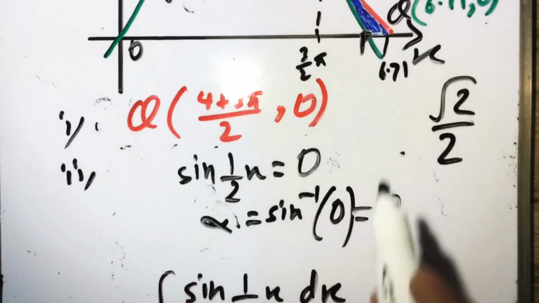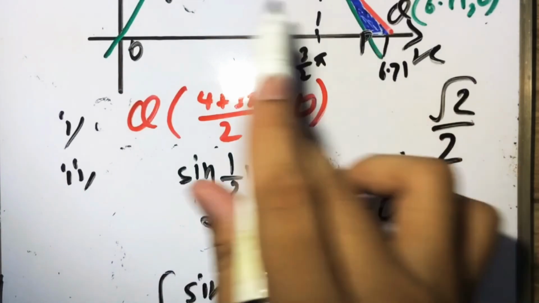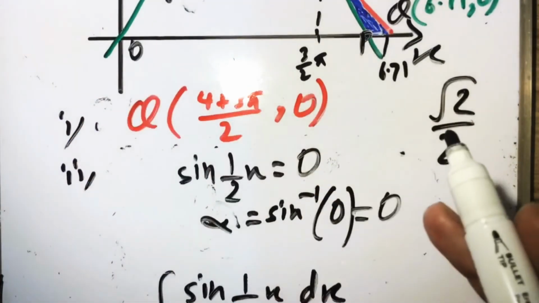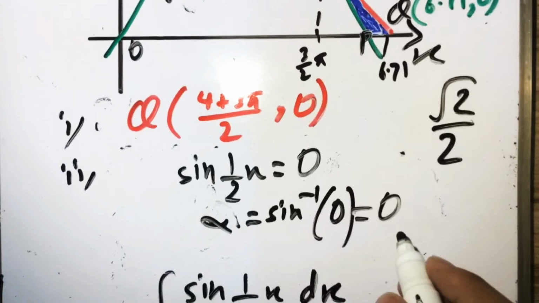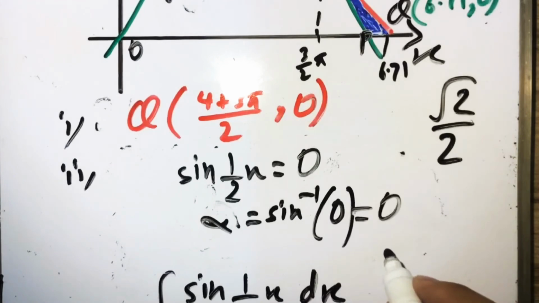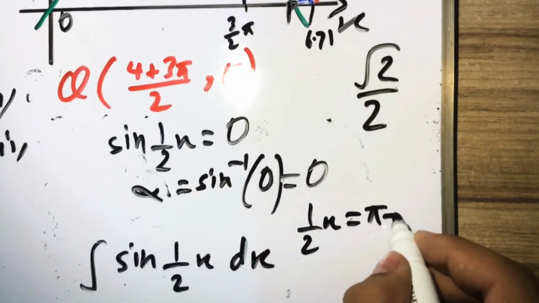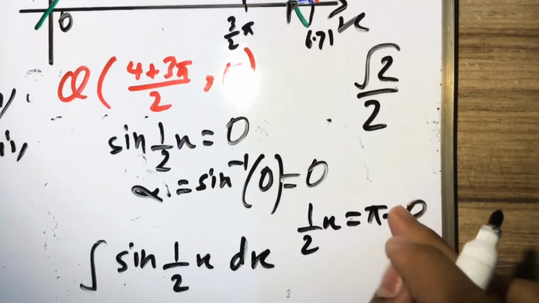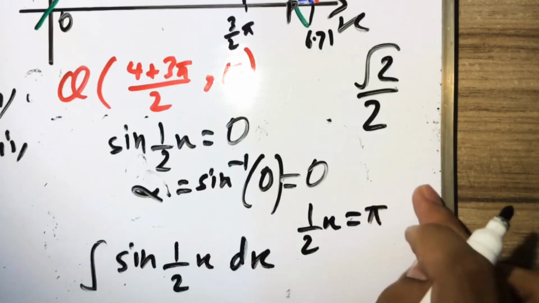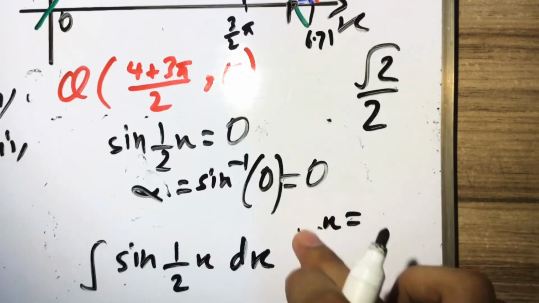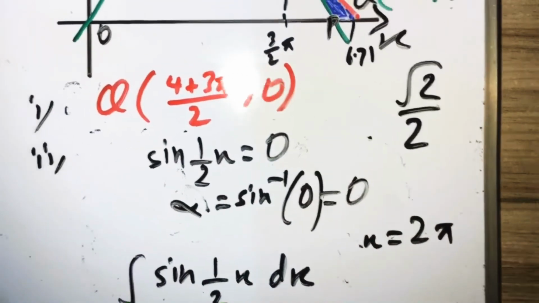Now the value of x at this point cannot be 0 because 0 is over here. So we'll take the next quadrant, the second quadrant. That is, in the second quadrant, half x equals pi minus alpha. Alpha is 0. So the value of x over here will be 2 pi.